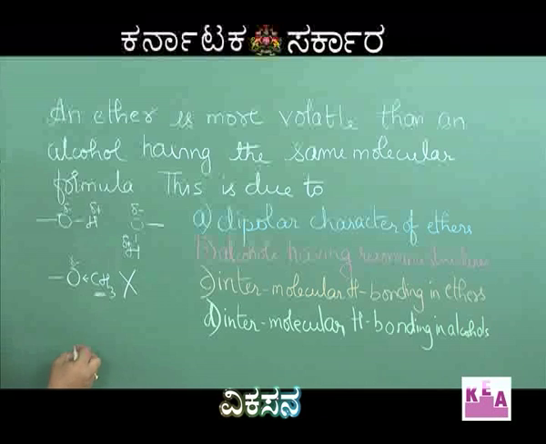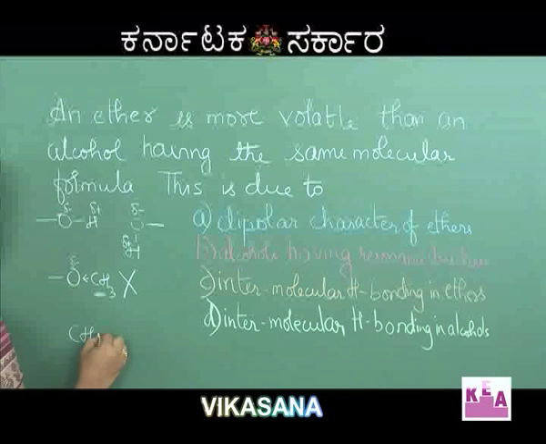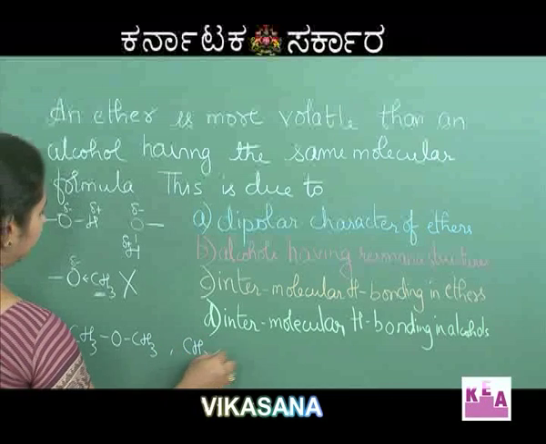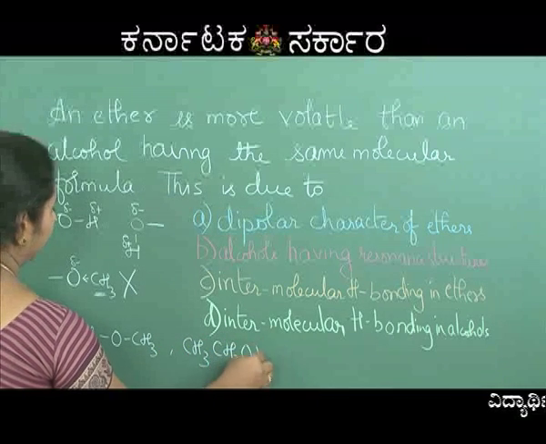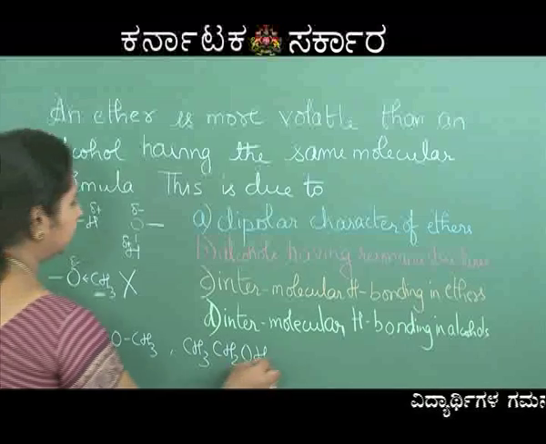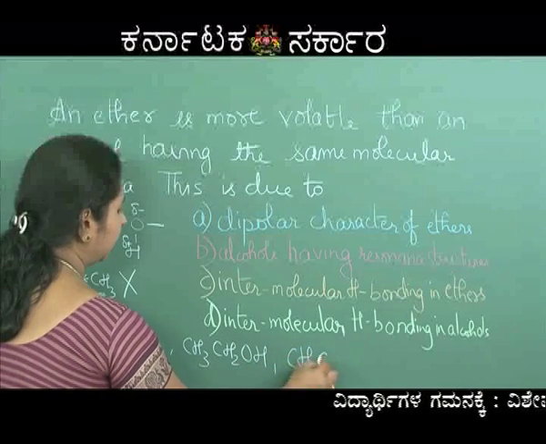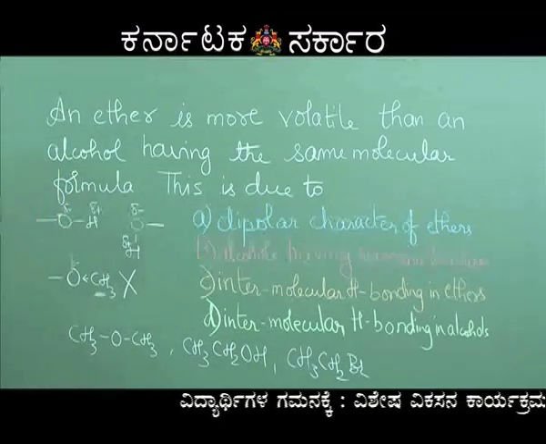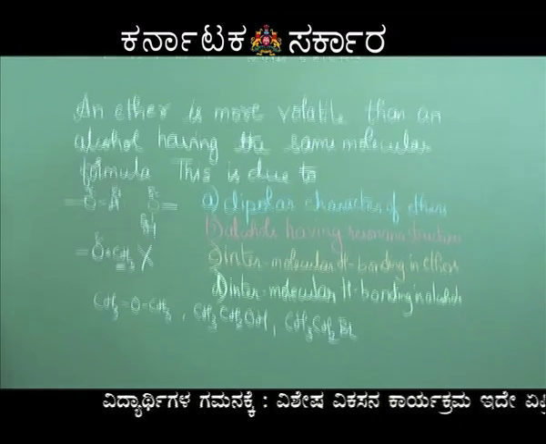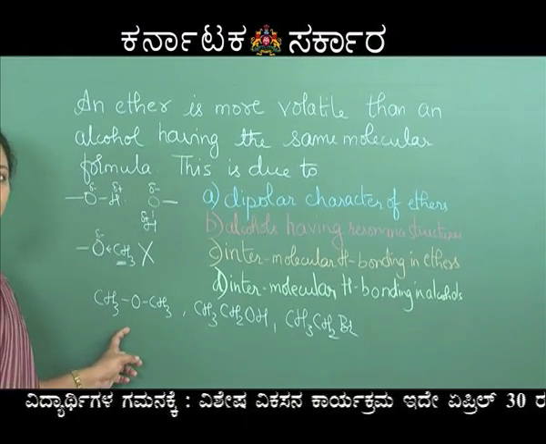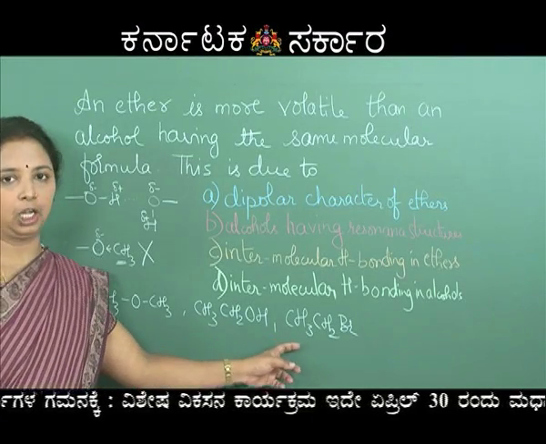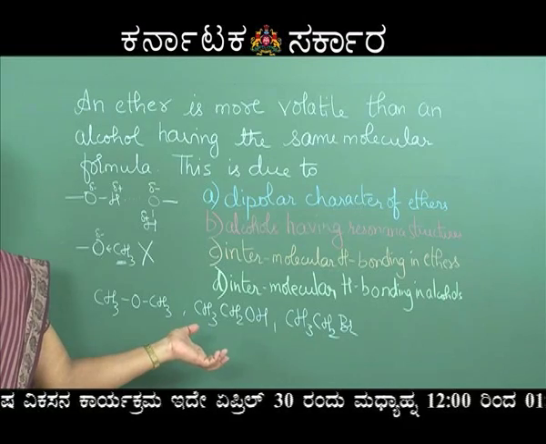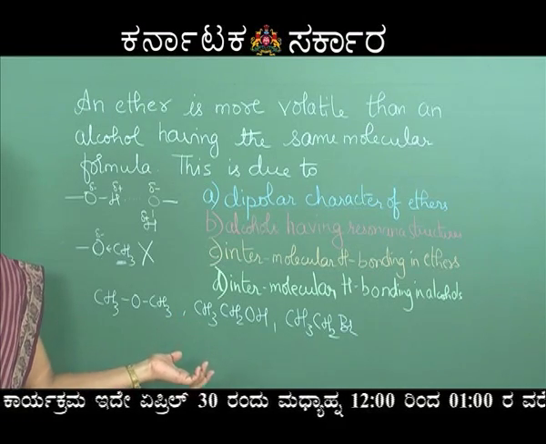For example, CH3OCH3, CH3CH2OH, and similarly CH3CH2Br. These three compounds will be given. Which are the three compounds? Diethyl ether, ethanol and ethyl bromide, almost having the same molecular weight and the same number of carbon atoms.